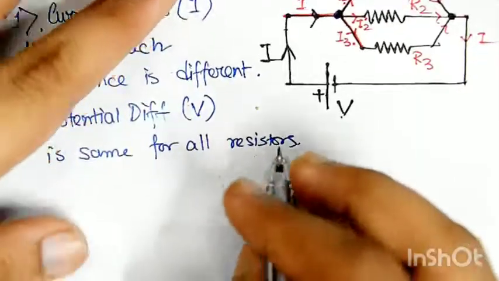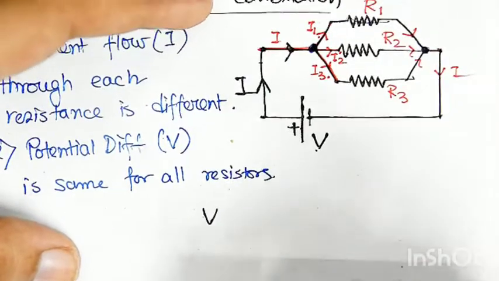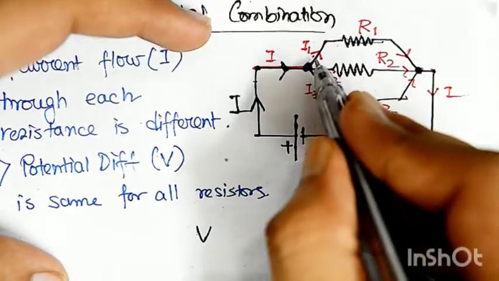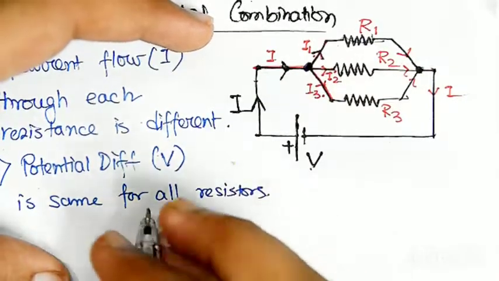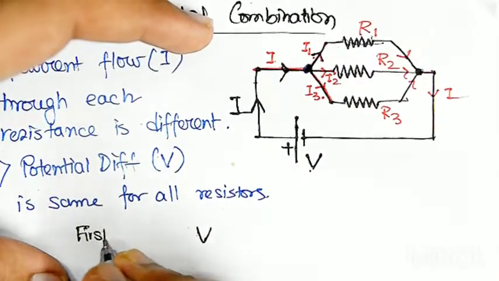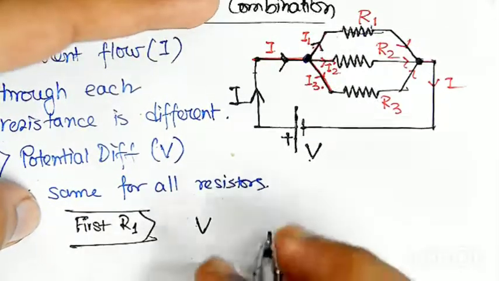So see that V is the same for all. Then for the first resistance, current flow is I1, resistance is R1. I can write V equals I1 R1.